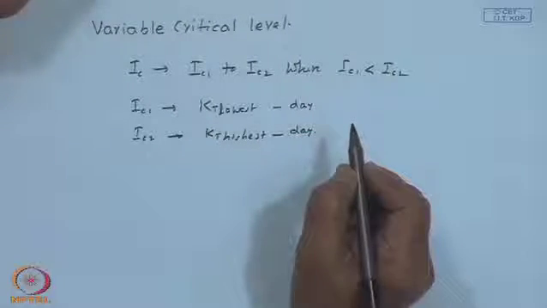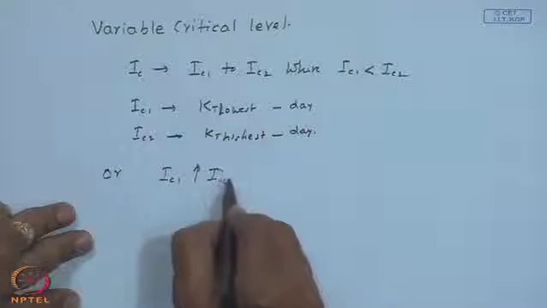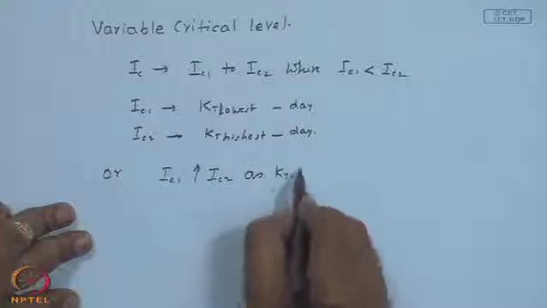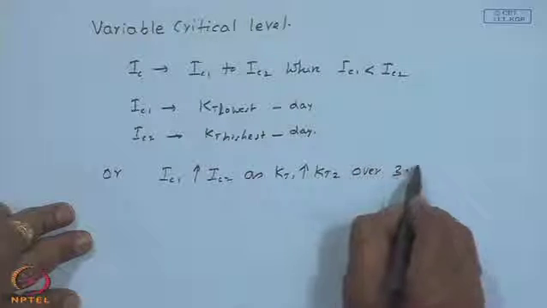In other words, because of the solar radiation being higher or lower, or ambient temperature correspondingly being higher or lower, I can have two scenarios of variable critical level, varying from minimum value to maximum value monotonically with the clearness index distribution for that particular month. That is, IC 1 increasing to IC 2 as KT 1 increases to KT 2 over 30 or 31 days.